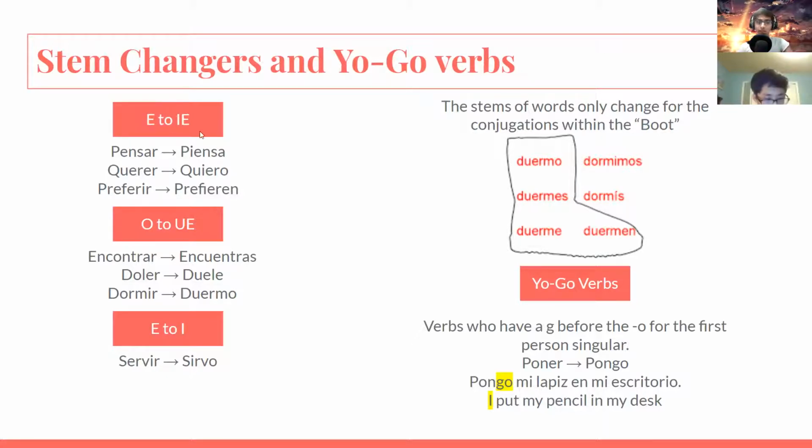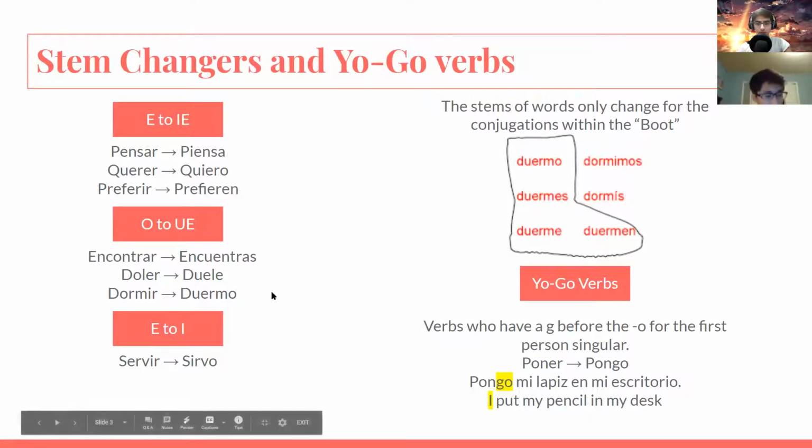There is e to ie, like pensar becomes piensa when it is conjugated. There's o to ue, like encontrar becomes encuentras when it is conjugated, and e to i. This only usually happens for ir verbs, so servir becomes sirvo.